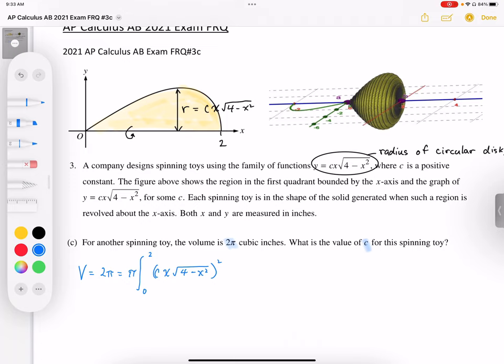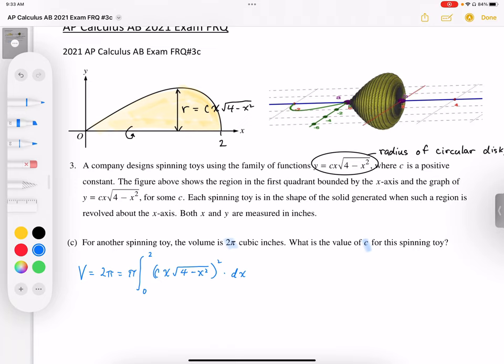So what this represents is pi r squared, so that's going to be the area of each circular disc, and I'm going to give it a thickness of dx. So now this expression, when I integrate it, should equal the volume 2 pi.